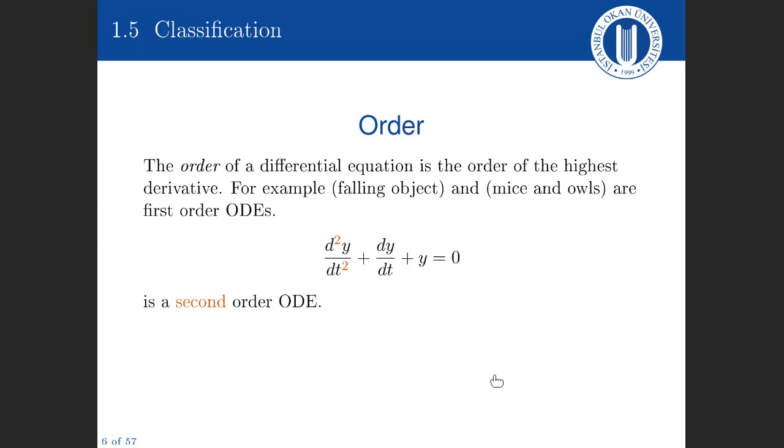Take this equation: d squared y dt squared plus dy dt plus y is equal to 0. The first term has two derivatives, the second term has one derivative, and the final term has 0 derivatives. Out of the numbers 2, 1, and 0, what number is the biggest? 2. So this is a second order ODE.